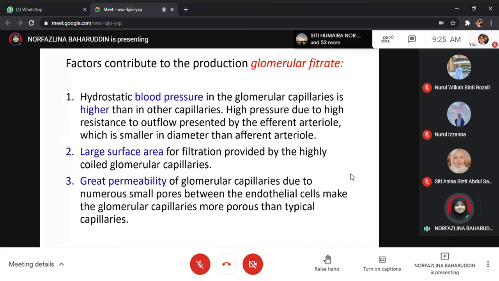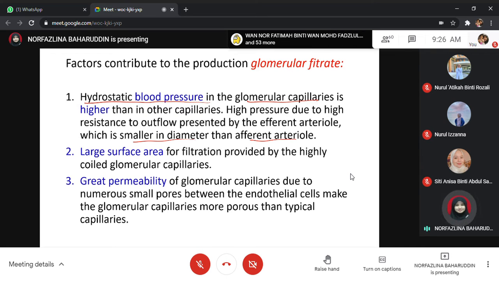Now, hydrostatic blood pressure in the glomerulus capillary is higher than in other capillaries. Never mind the other capillaries, but I want to say that the hydrostatic blood pressure in the glomerulus capillaries is very high. Okay, it's very high. Full stop. Why? Due to high resistance to outflow presented by the efferent arteriole, which is smaller in diameter than the afferent arteriole.